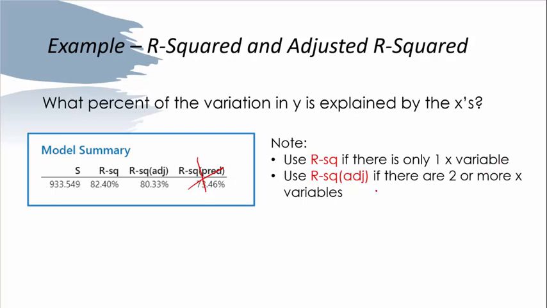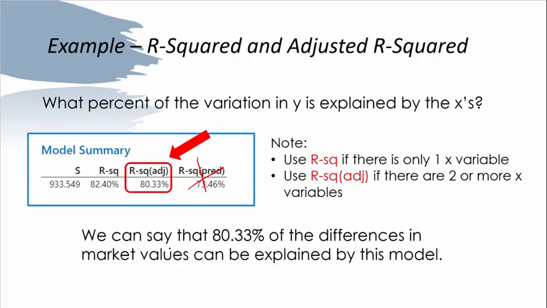Use R-squared adjusted, or what most people call the adjusted R-squared, if there are two or more x variables. We have two x variables, so we're going to have to use the R-squared adjusted. From this number, we're able to say that 80.33% of the differences, or the variation in market values across these firms, can be explained by the variables we've included in this model.